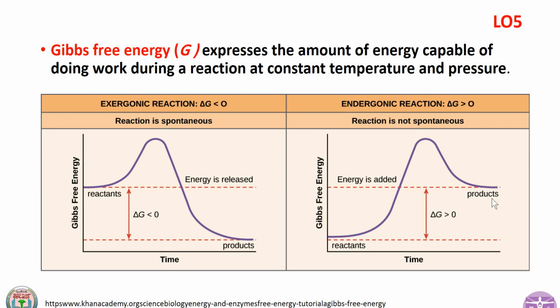When we calculate the delta G, the product energy capacity is higher than that of the reactant, so the delta G, the product minus the reactant energy, will be positive, more than zero.